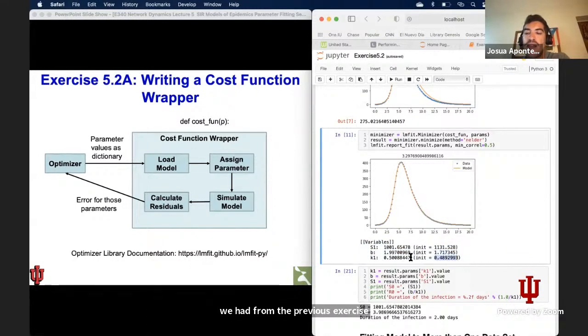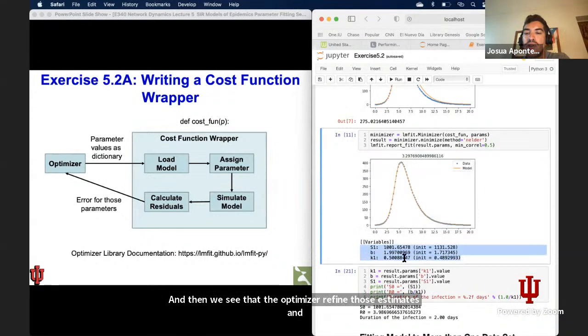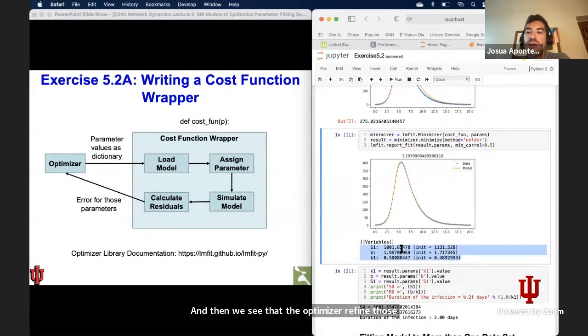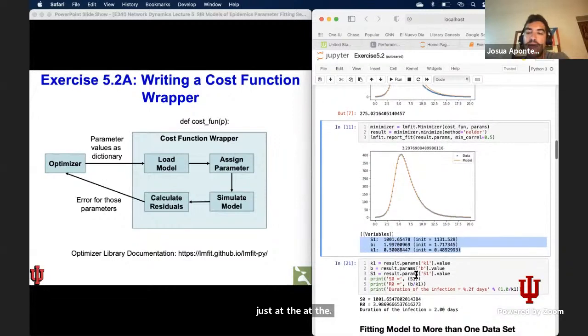Then the optimizer refined those estimates and gave us something much closer to the ground truth than what we got by estimating it ourselves by looking at the different parts of the curve.